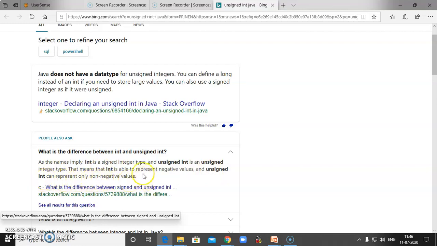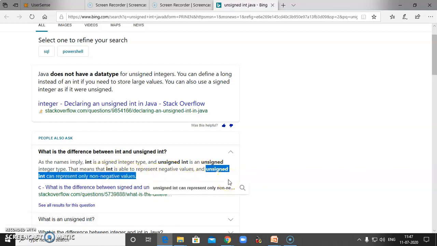So when I am talking about integer, it can represent positive as well as negative values, and unsigned integer means only positive values. I hope it is clear to everyone. Unsigned integer can only use positive values, that is, it can represent only non-negative values. Okay. Now we will continue with the same.